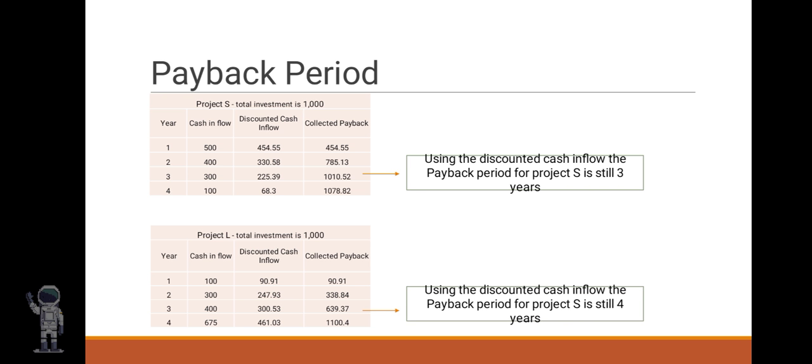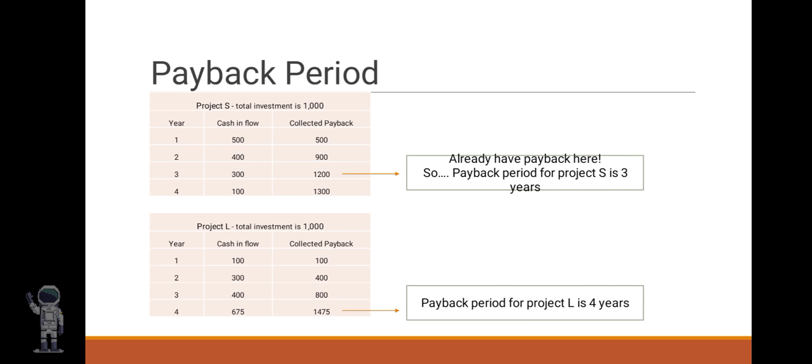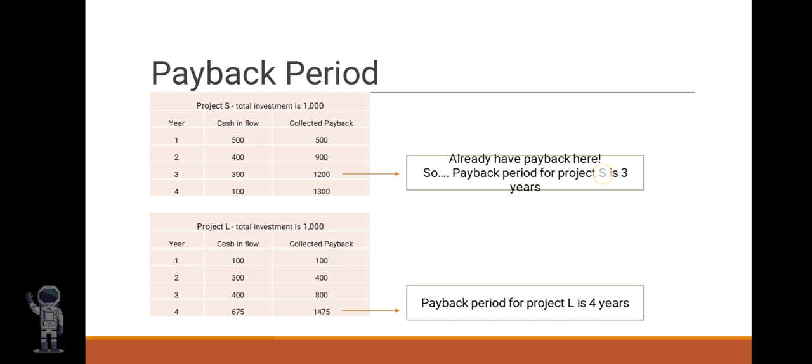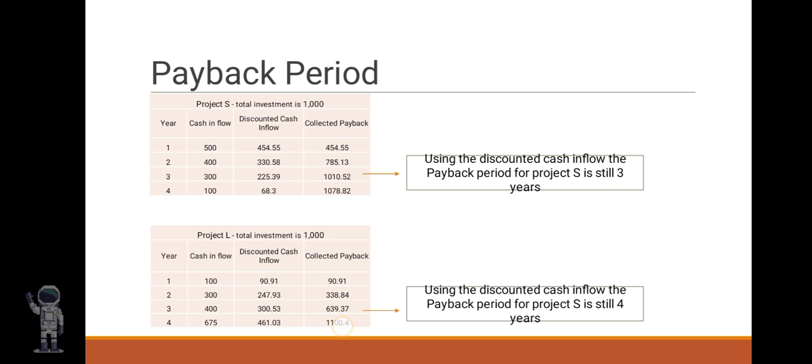So what about project L? In project L, we received 100, which as discounted cash inflow is 90.91, plus 247.93, equals 338.84, plus 300.53, total is 639.37, plus 461, equals 1,100.4.